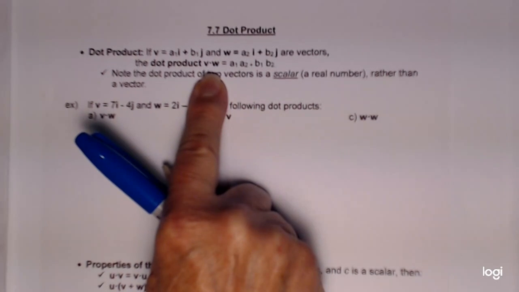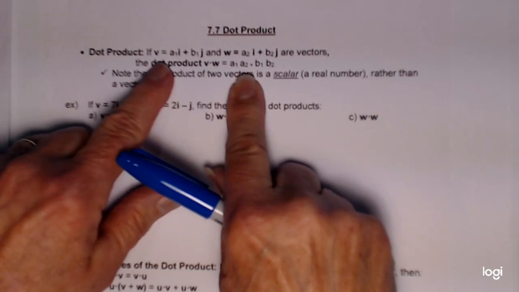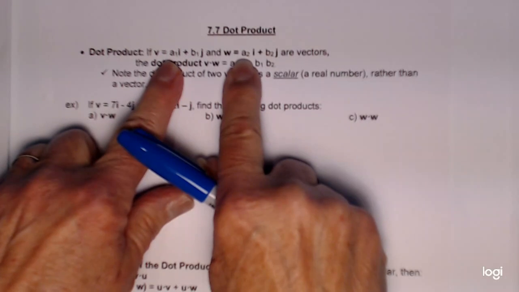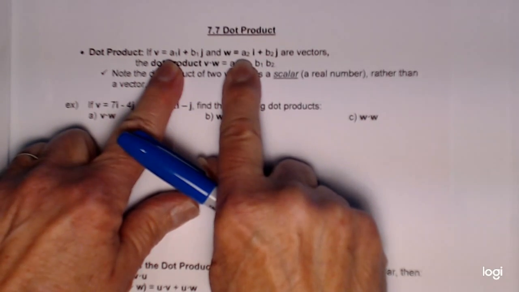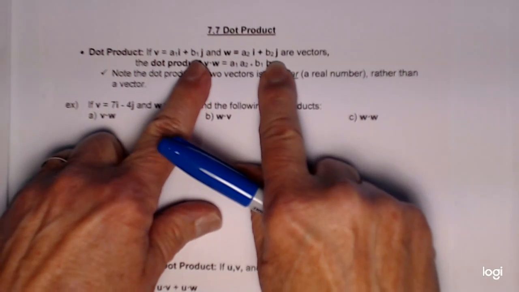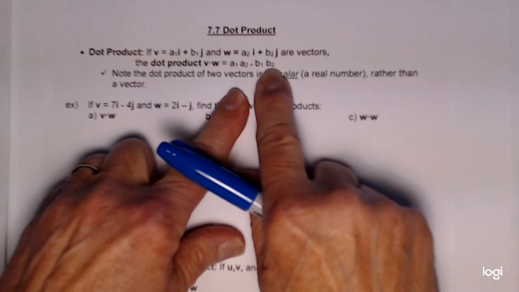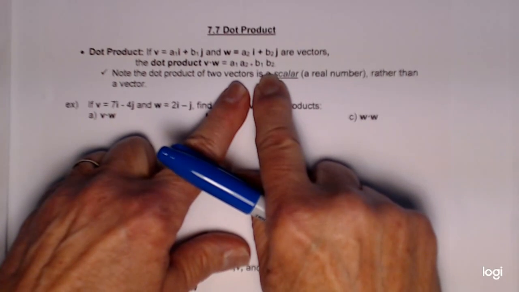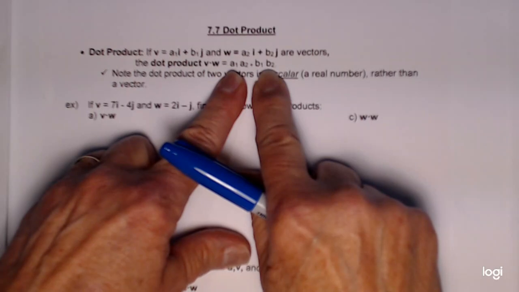And what that dot product is made up of is the product, or you multiply a and a. So a1, you multiply the i information, and then you multiply the b information, that's here, b1, b2, and the dot product is the sum of the products of a1 and a2 and b1 and b2.